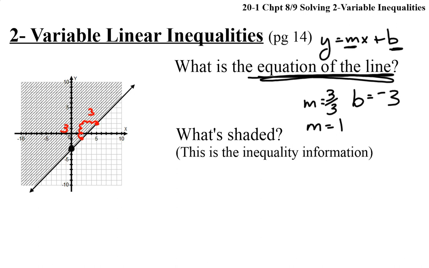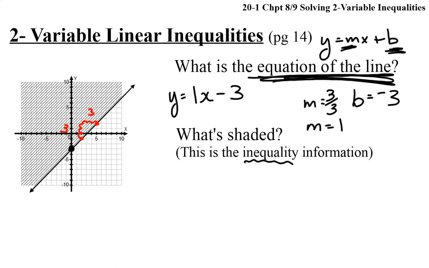So our slope is 1. Once I have slope and intercept, y equals 1x plus the y-intercept of -3, which I can write as subtract 3. So we have the equation of the line, y equals x minus 3.